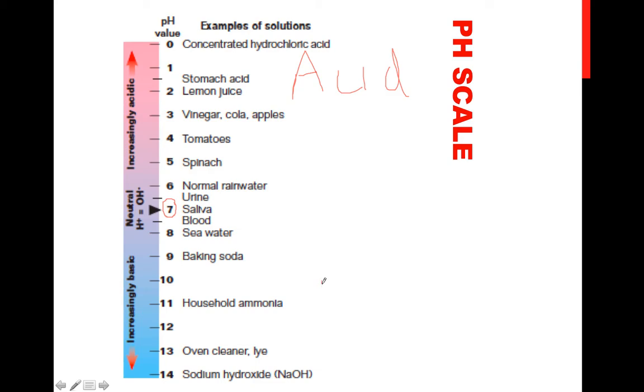Anything above 7 is a base. Okay, so you have things in here like your saliva is at a 7, urine is a little bit above 7 or below 7. So since it's below 7, it's an acid. Okay, so you can look on here and see some things that you might wonder where they lie.